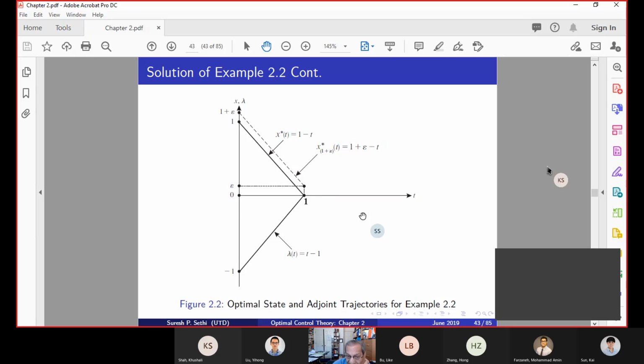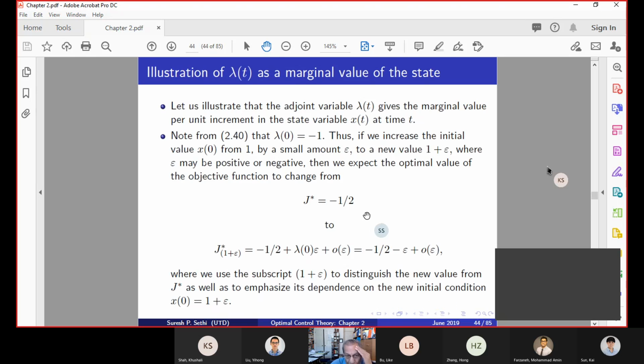Now we have the objective function, we have the optimal control. Now let's look at the math here. So J star is minus half. And if I change this to my small epsilon, I now have a notation where the initial condition for this objective function is 1 plus epsilon.